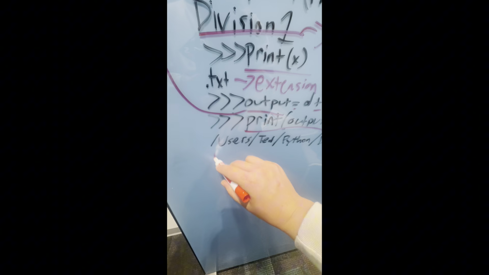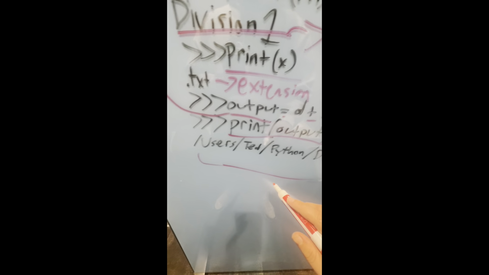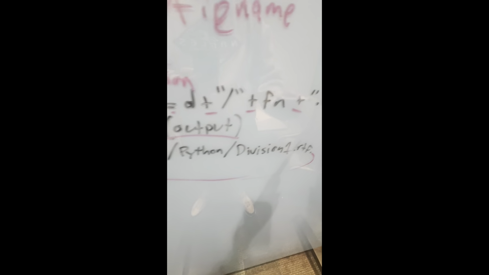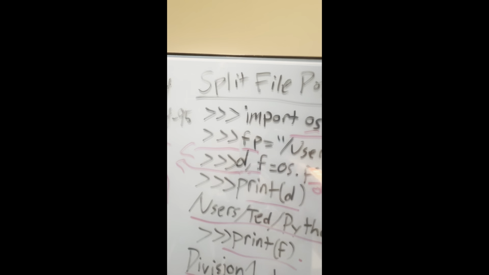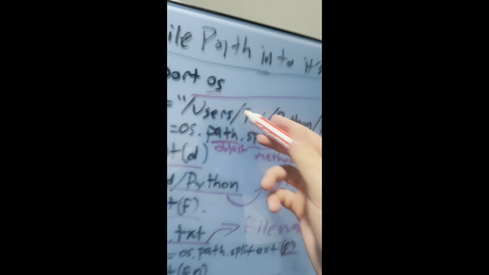So when we print output, it gives us this whole thing, right? Gives us that whole thing. Users Ted Python division1.rtf. So that just pretty much changes the FP variable. The only thing that changes from the FP variable is the extension part right here. So still a lot more to learn, but that's what that is.